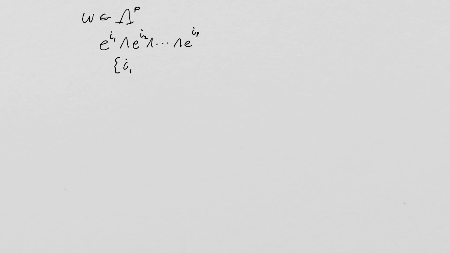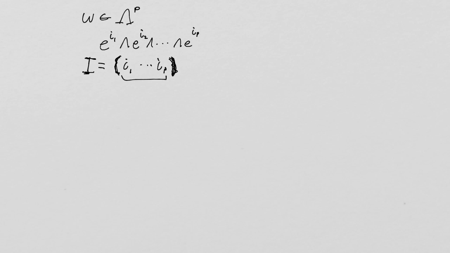So it's I1 dot dot dot to IP. And I'm going to call that, if it's ordered I should put it in parentheses, otherwise it looks like some set. I'm going to call that a multi-index I. So this capital I represents this sequence of indices.